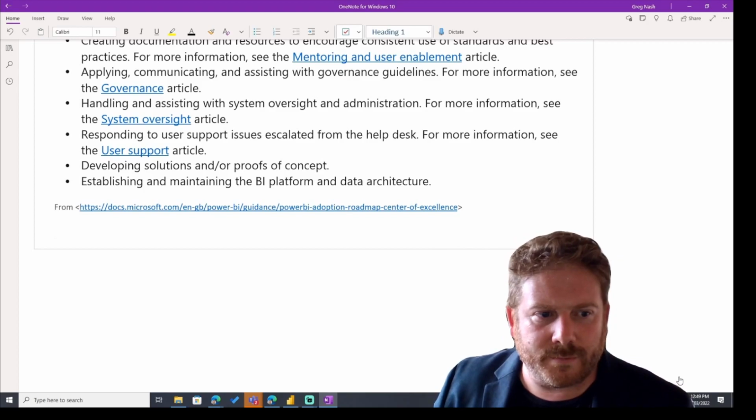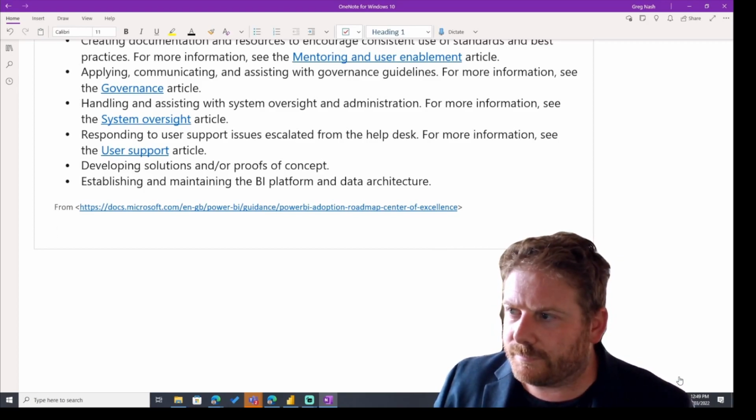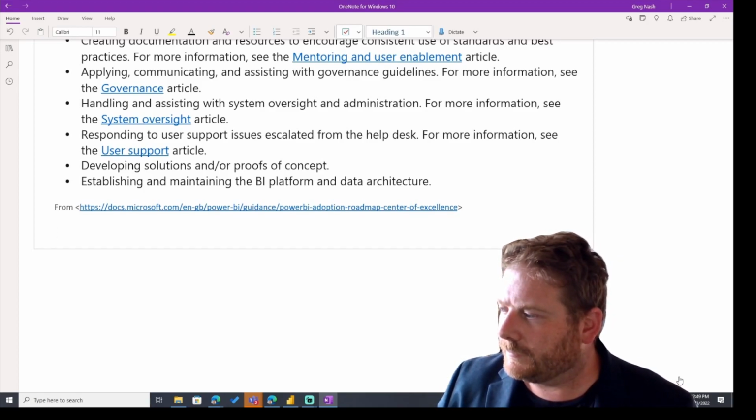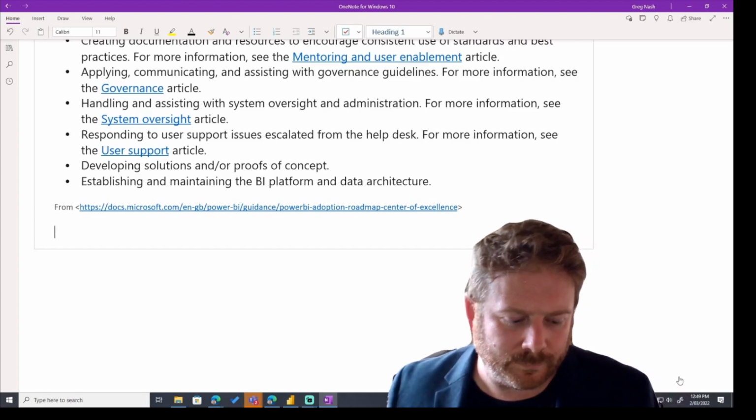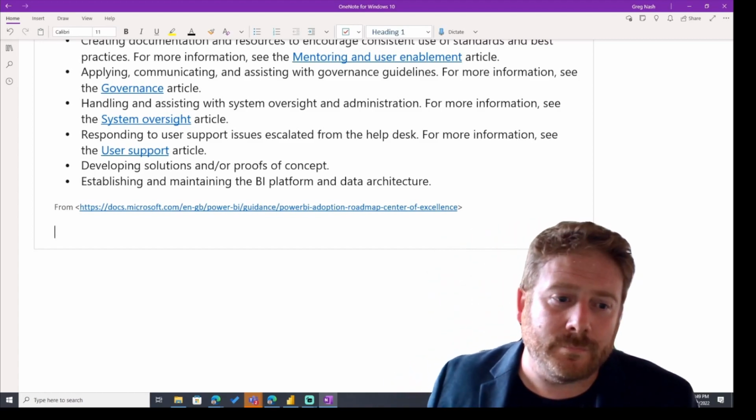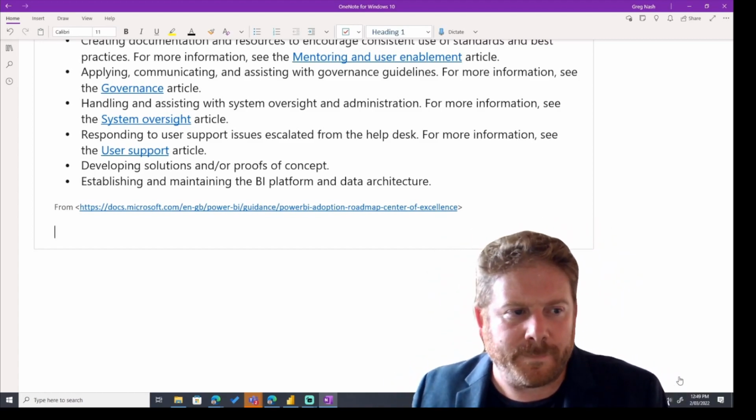That last bit is kind of interesting, because I find in a lot of organizations the infrastructure team is quite separate from the analytics team, and Power BI kind of blends the two together. It's an interesting delineation problem. Yeah, I agree.